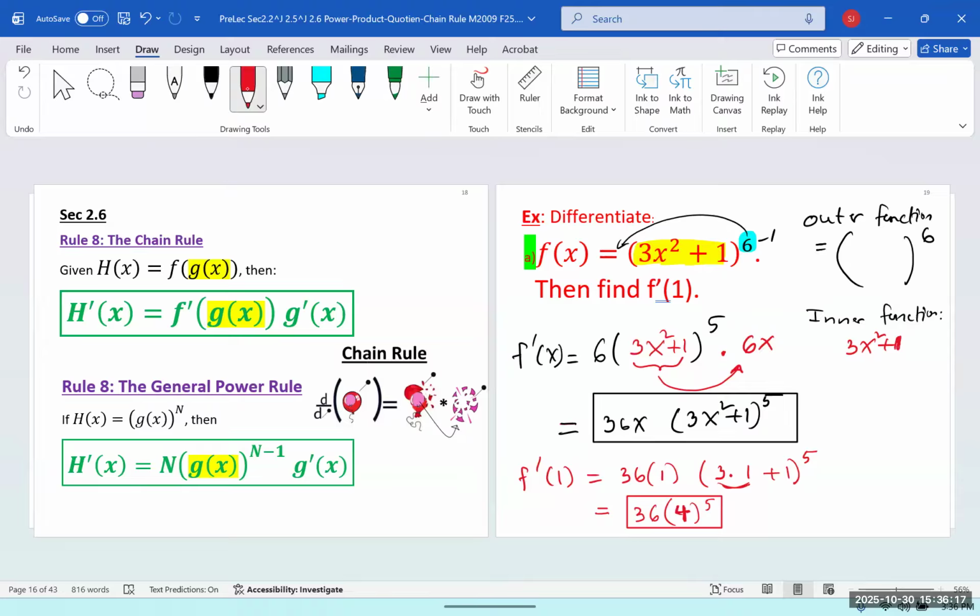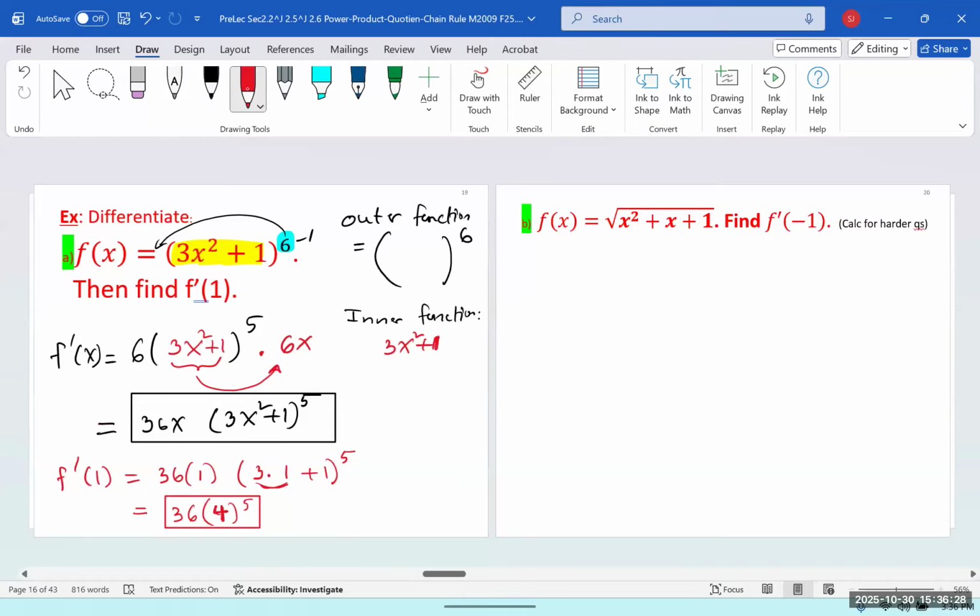That's the answer. We don't even solve it. Without a calculator, you cannot do it. With a calculator, you can do it. 4 to the 5 is a big number.